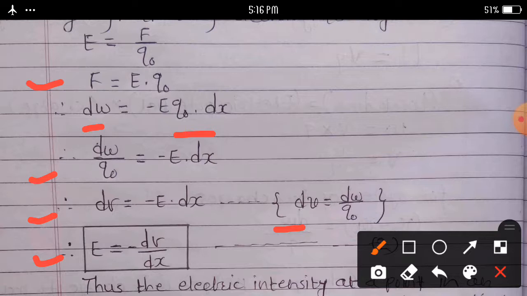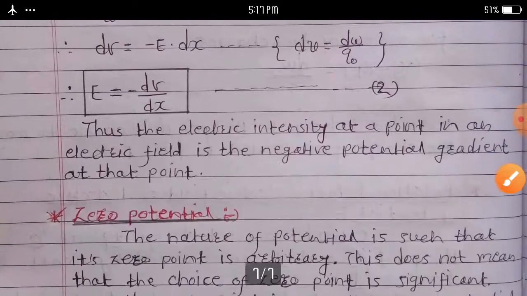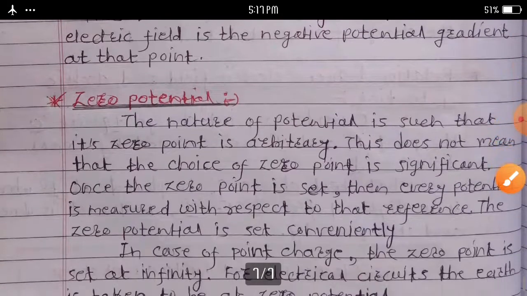Consider equation second. Thus the electric intensity at a point in an electrical field is the negative potential gradient at that point. Then we discuss another concept, zero potential.